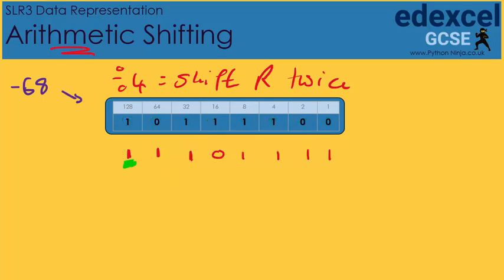Okay, so we've got a 1 here, so we start at minus 128, and 1 here, add 64, 1 here, add 32, so we are now at minus 32. Now we've got a 0 here, so we don't add 16, but we've got a 1 here, so we do add 8. So minus 32 plus 8 is minus 24. And we've got a 1 here, so we add 4, so minus 24 plus 4 is minus 20, and we've got a 1 here, so we're adding a 2, so that takes us to minus 18, and minus 18 plus 1 takes us to minus 17.